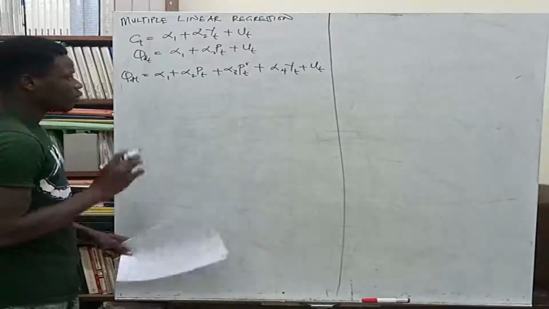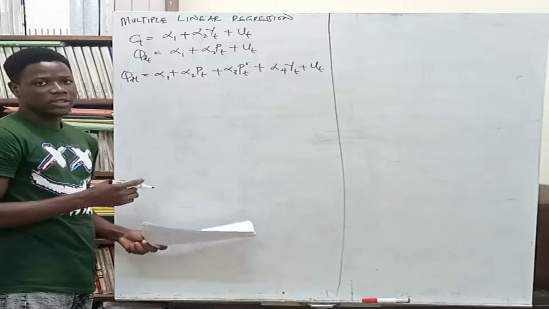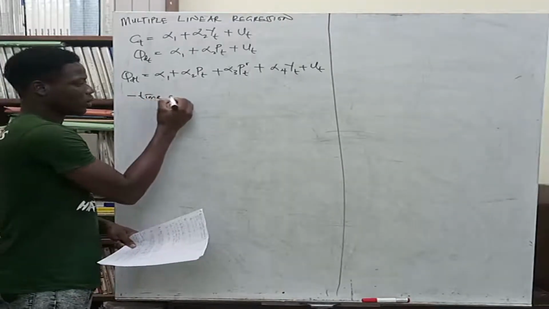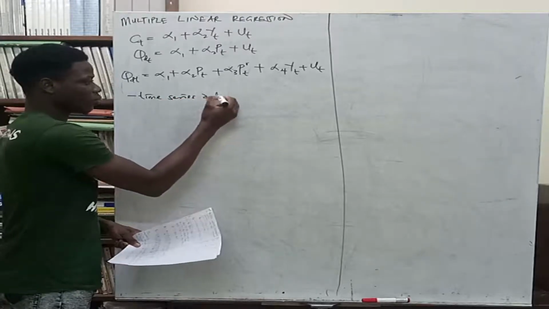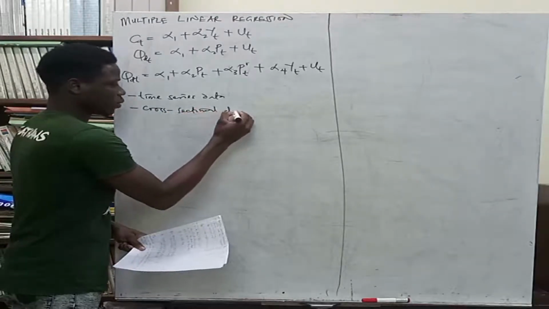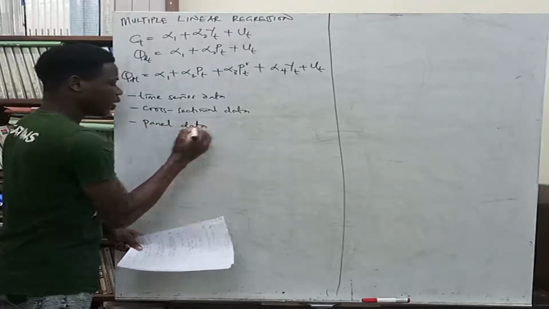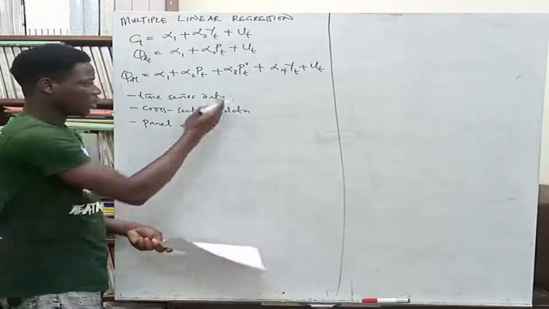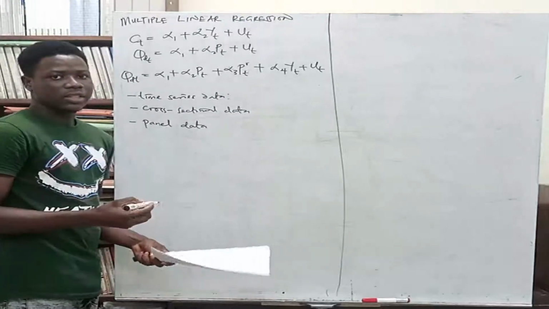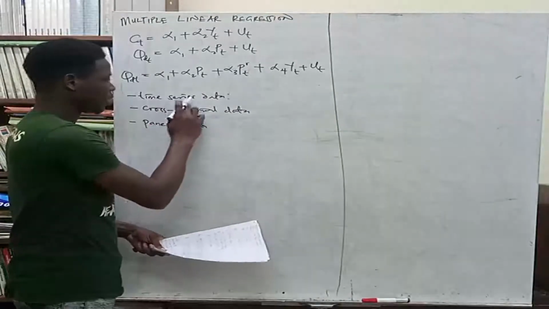Before we proceed, it is very important I mention that there are three types of data one can work with in econometrics. You can work with the time series data, the cross sectional data, or the panel data. What's the difference among these data sets? The time series data is a data set you collect over time.